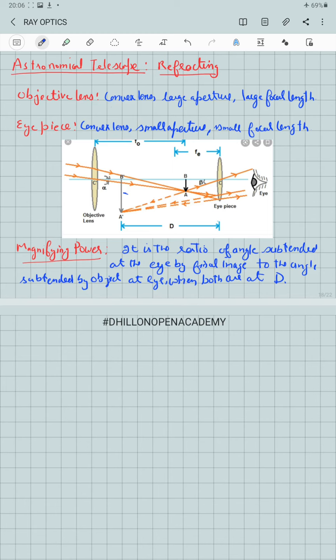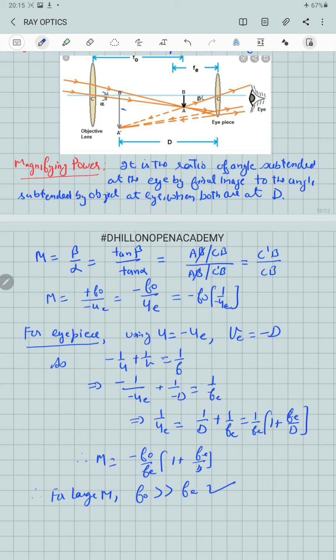So in this case, the magnifying power will be equal to beta over alpha, and using assumptions we can write it equal to tan beta over tan alpha. Now if we look at the figure, m is beta over alpha, which can be written as tan beta over tan alpha.